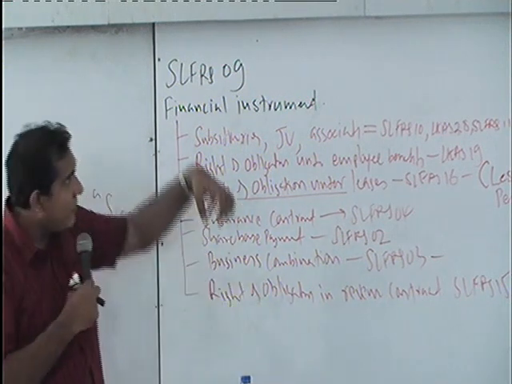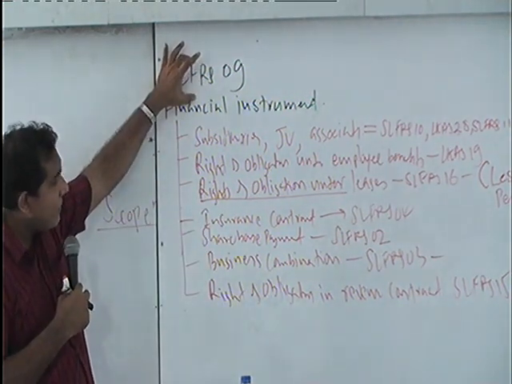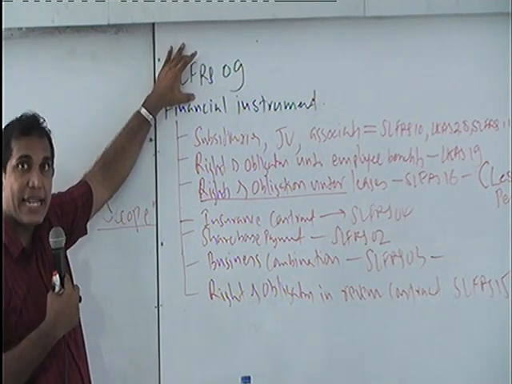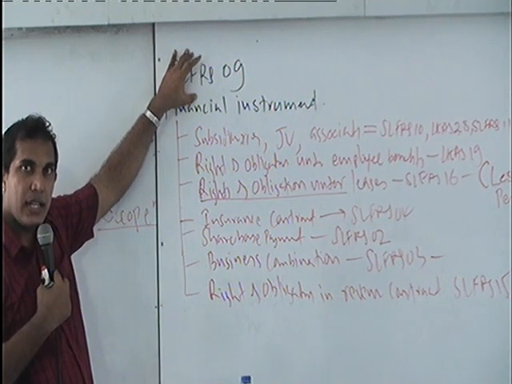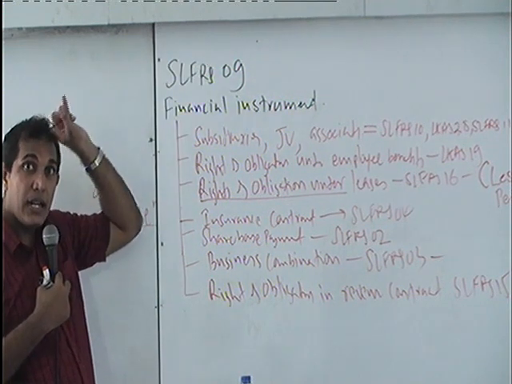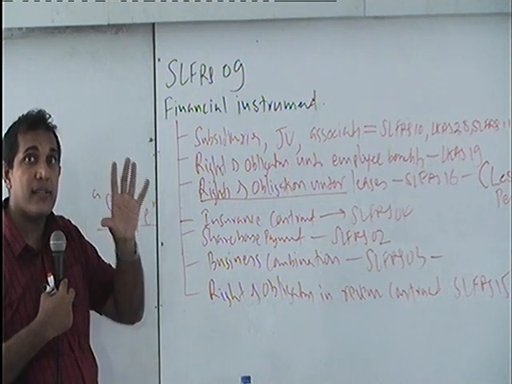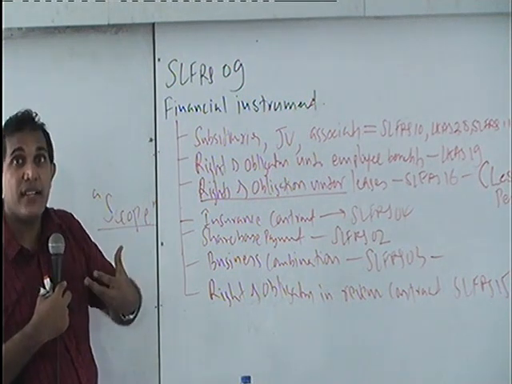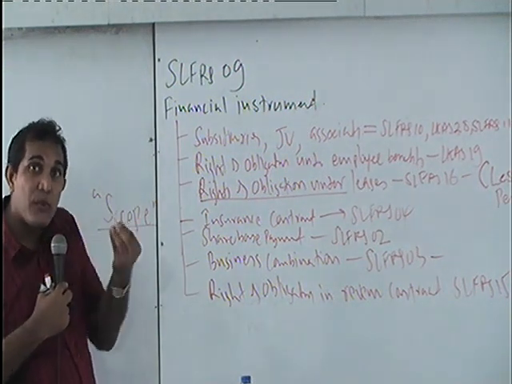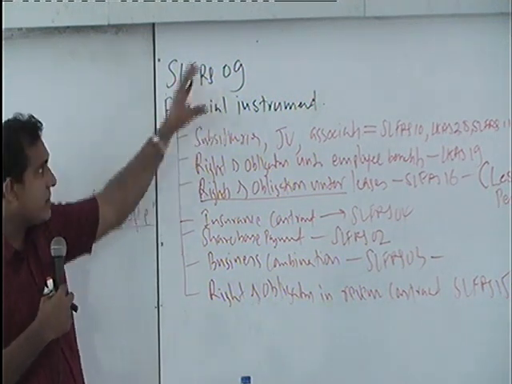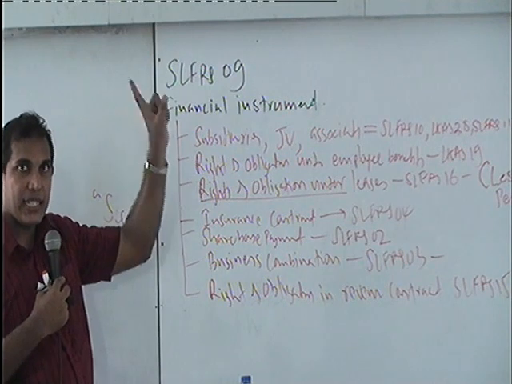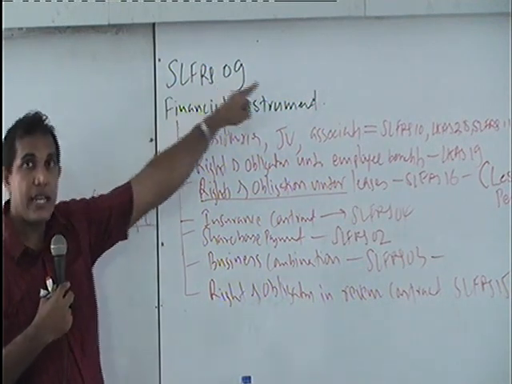Particularly this SLFRS 9 is a very interesting, very important standard in the accounting standard list in the world. In the beginning I told you the importance. More than 60 or 70% of items in the statement of financial position are covered through these standards: LKAS 32, SLFRS 9 and SLFRS 7.